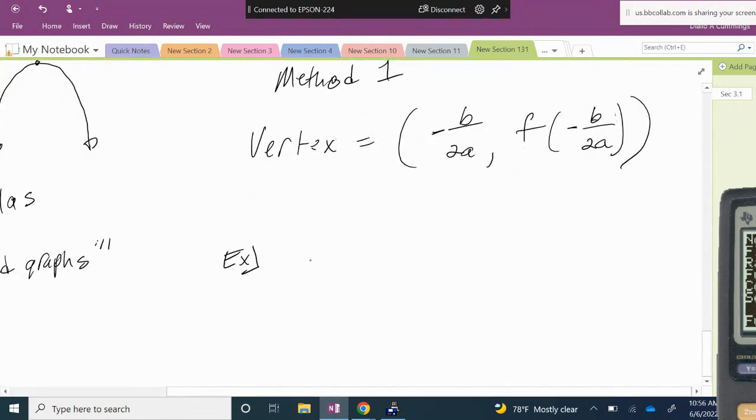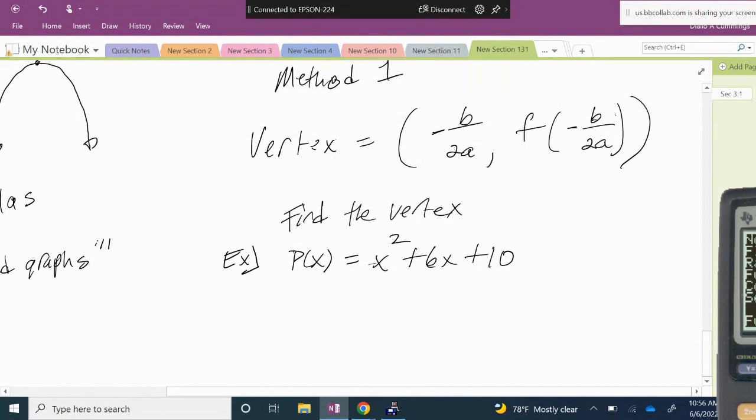Here's the quadratic equation we're going to use: P of x is equal to x squared plus 6x plus 10. We're asked to find the vertex, so I'm going to use this formula.